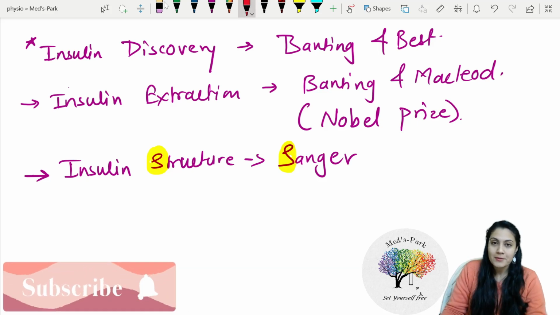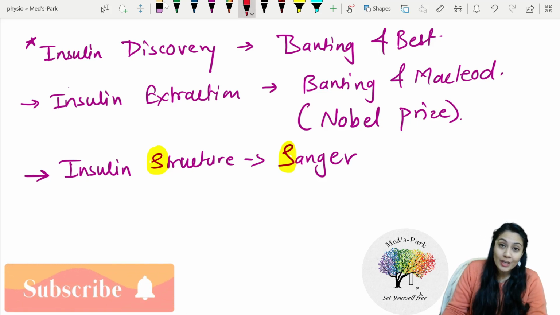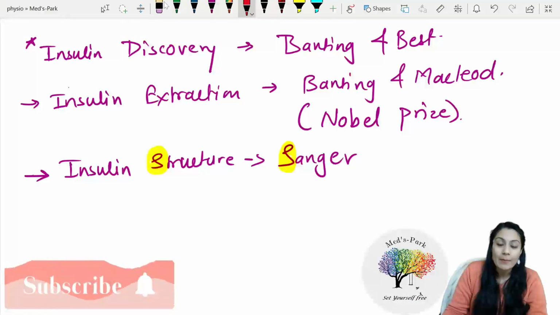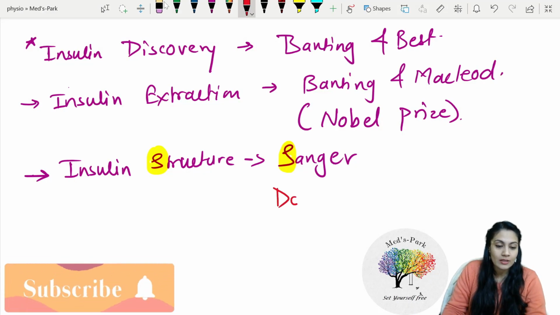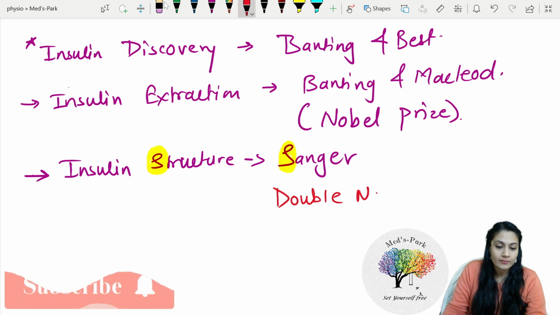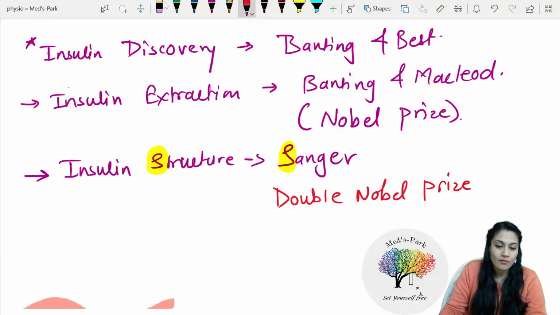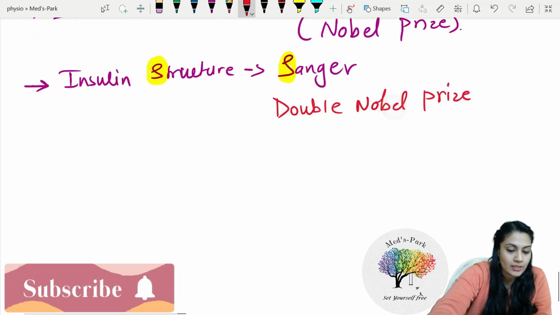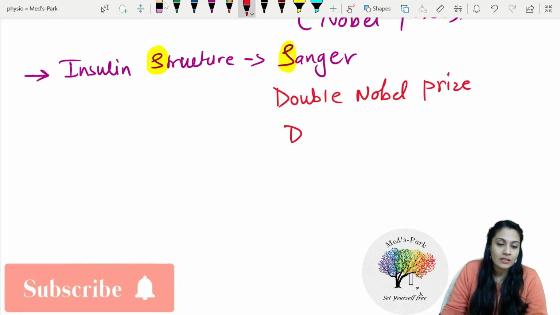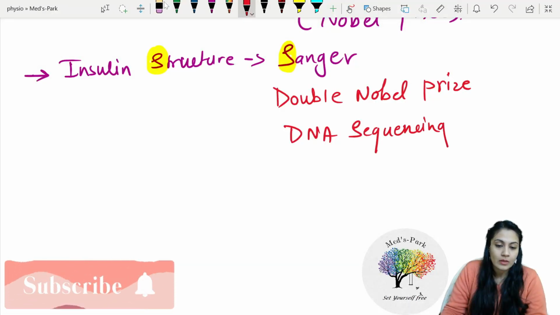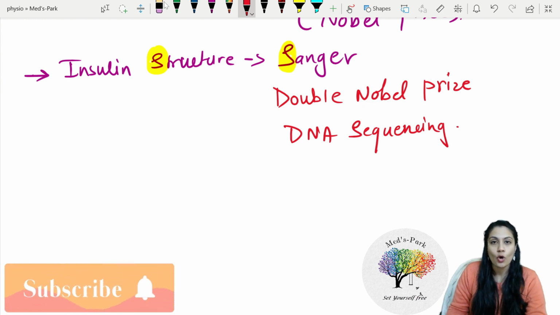Remember, he also got the Nobel Prize, not only one Nobel Prize, but a double Nobel Prize, right? And one of those was for the insulin structure. He gave the sequencing of it, right?